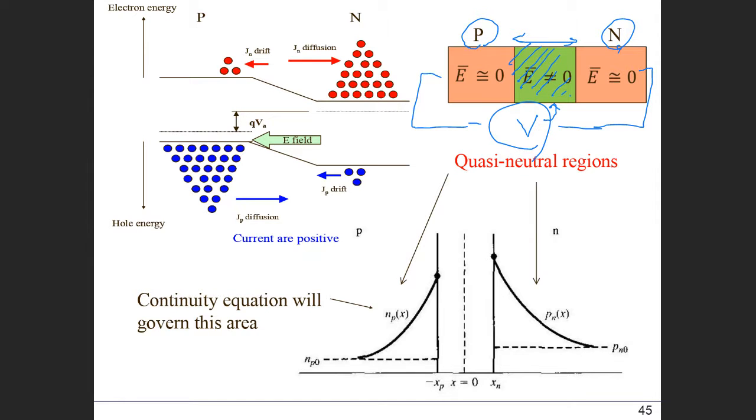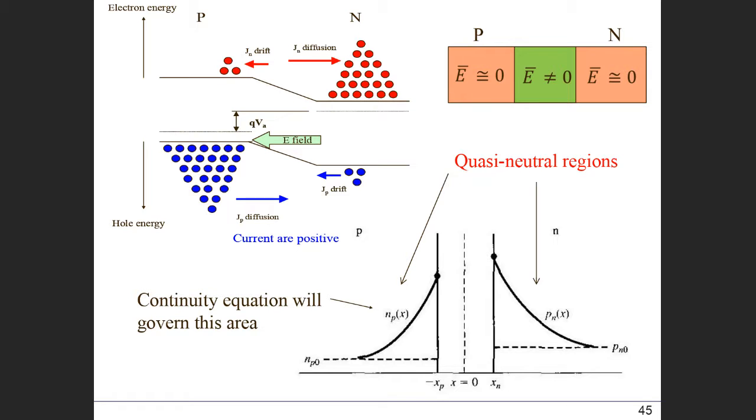We can almost ignore the bulk region, P side and N side, where the electric field is going to be minimal. So that's the first thing you have to understand. Move to the next.